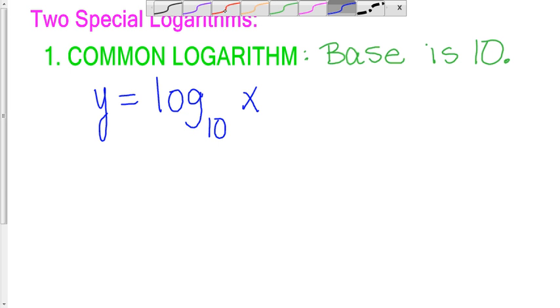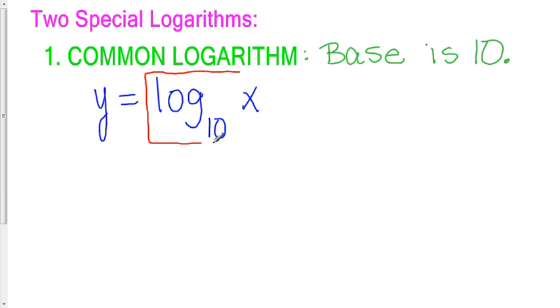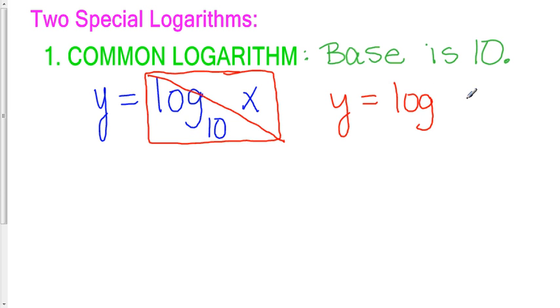But just so you know, you probably will never see this written like that because it is a common logarithm. Instead, you will see y equals log of x. They will not write a base down here. That base is not 1 if you do not see it. It is 10.